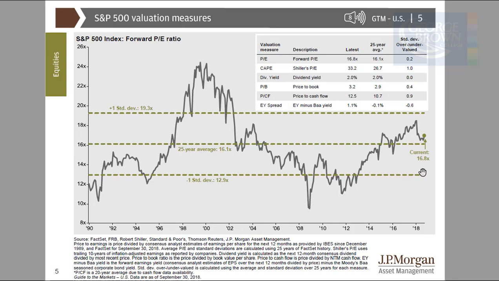So the price of the index is 16.1 times the earnings of the index, okay? And it's the same concept for a stock. And it's currently at 16.8. You can see here back at 2000, it's up over 24 times.